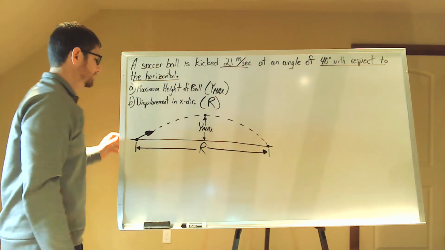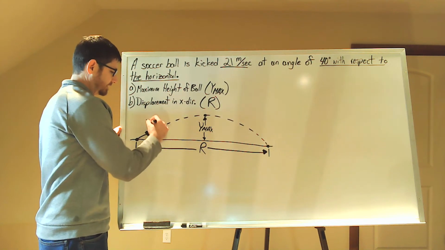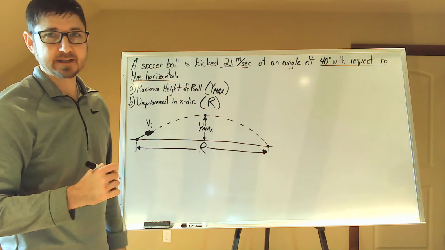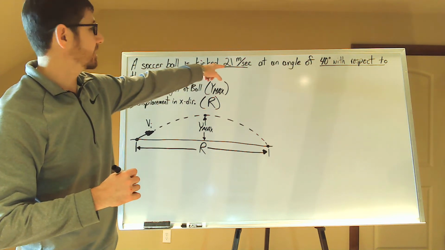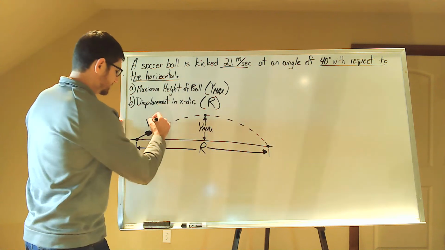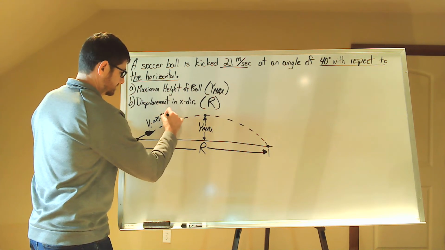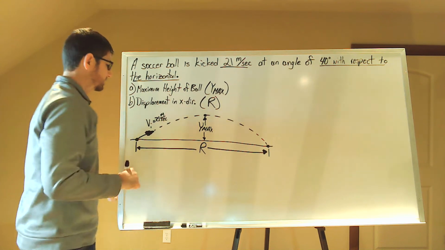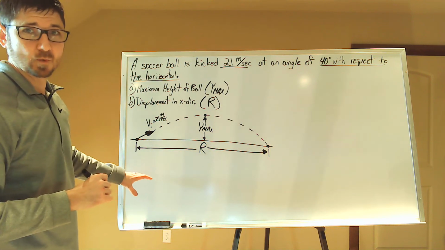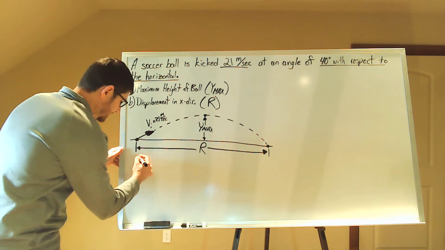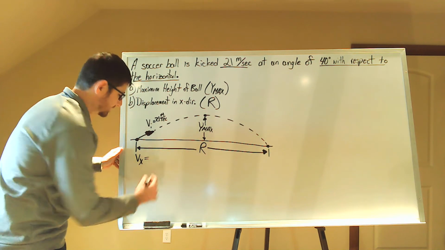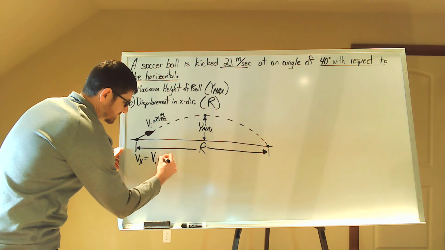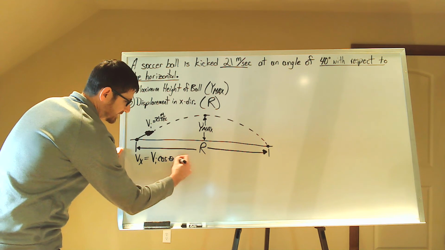Now what we're going to need to do is break this initial velocity vector down into its x and y components. And the initial velocity of the soccer ball is 21 meters per second. So let's go ahead and calculate the x and y component for that velocity. So the velocity in the x direction is calculated by initial velocity times cosine of the angle theta.